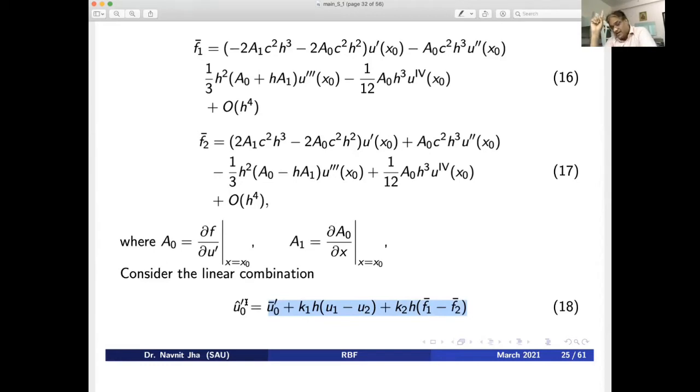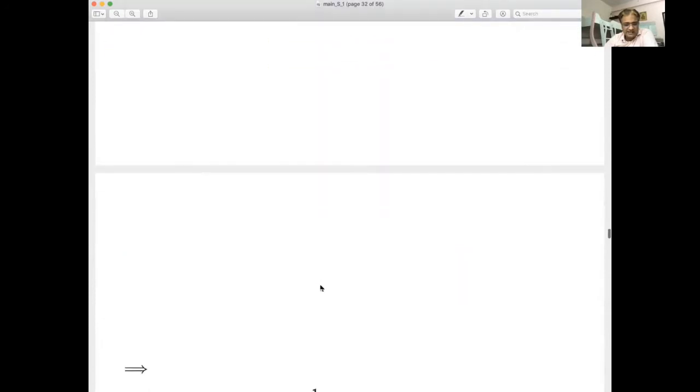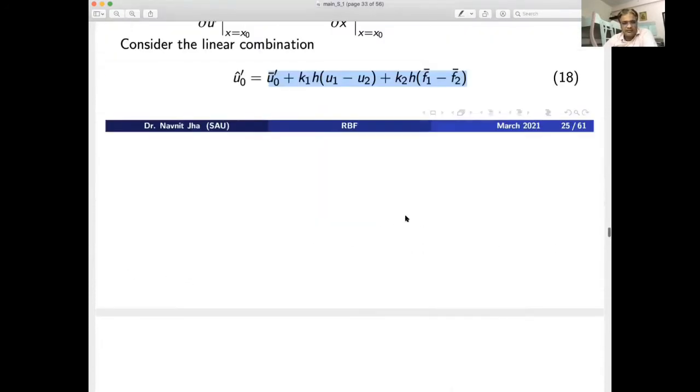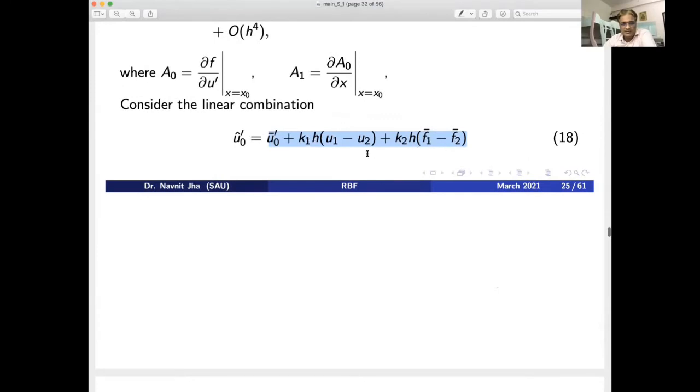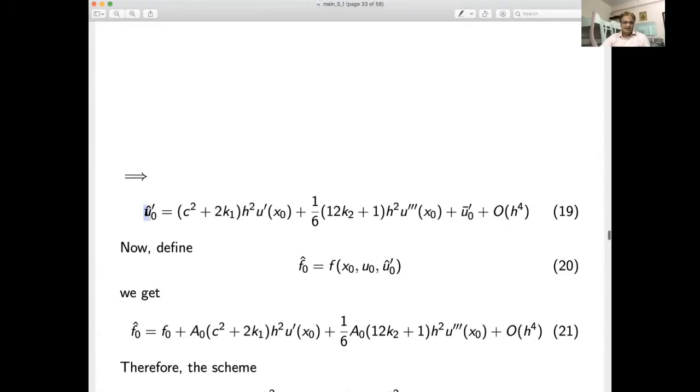L will range from 1 to uppercase L. So with this right hand side, I will further expand, and when you put the values of f1 bar, f2 bar, u1, u2 in expanded form, you will get this equation, equation 19. I have again calculated the derivation up to order h4. It hardly comes to three or four terms in one dimension. Quite easy; in one dimension, it is quite easy.